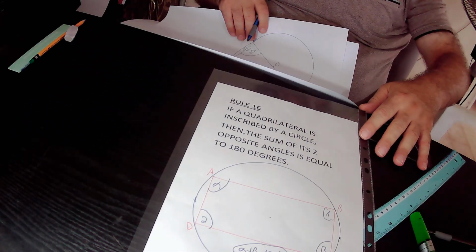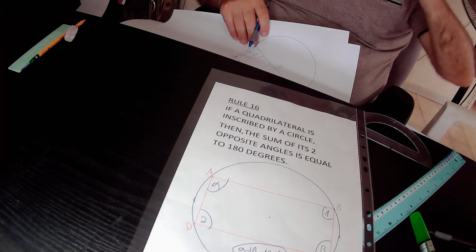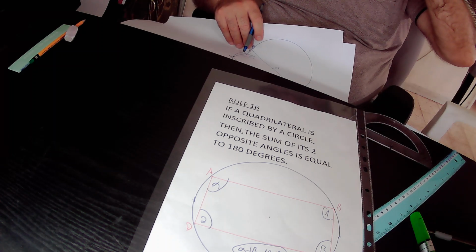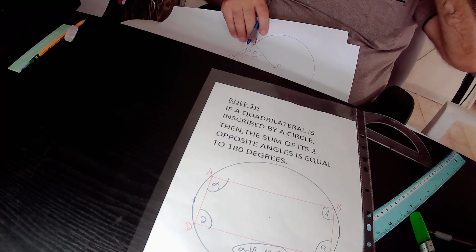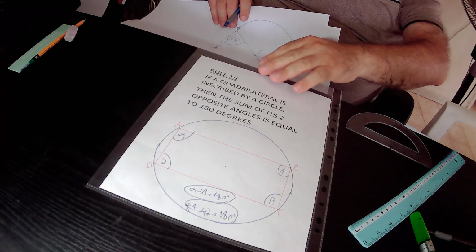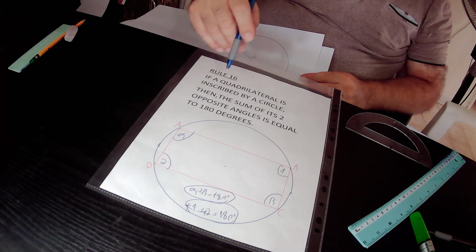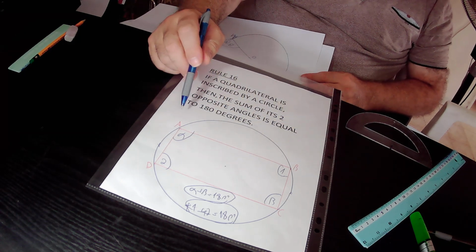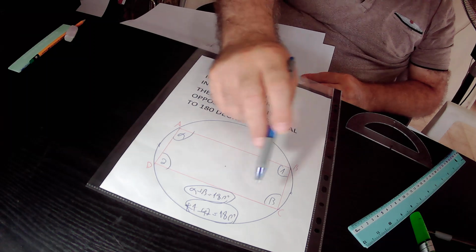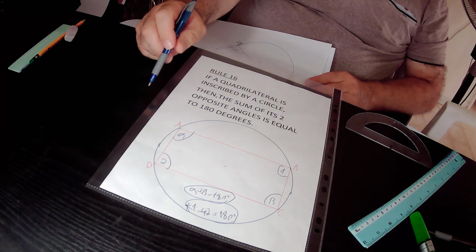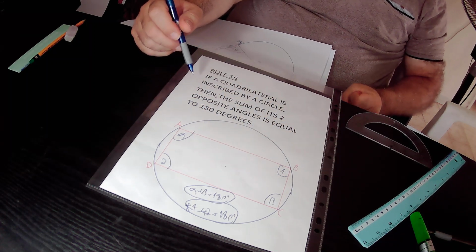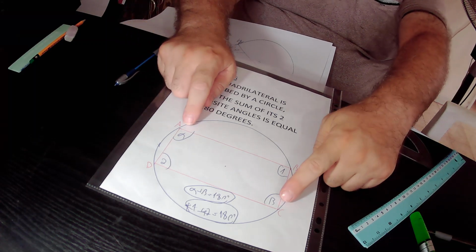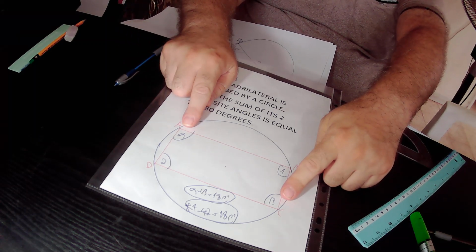If a quadrilateral is inscribed by a circle, then the sum of its two opposite angles is equal to 180 degrees. So in the drawing we have quadrilateral ABCD, and it is inscribed by this circle, and according to rule 16, the sum of its two opposite angles is equal to 180 degrees.